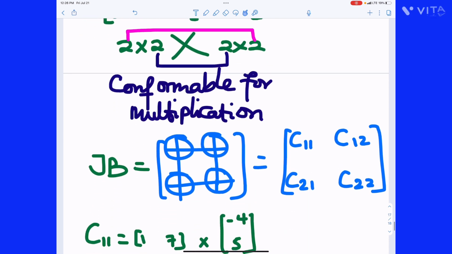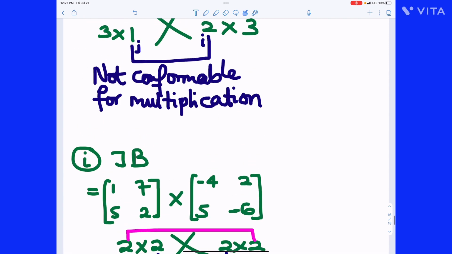So to get the second element in my product, this is the second element in my answer. To get that element in cell 1, 2, the cell in the first row, second column, I'll multiply the first row here by the second column here. So I'm going to do 1, 7 times 2, minus 6.